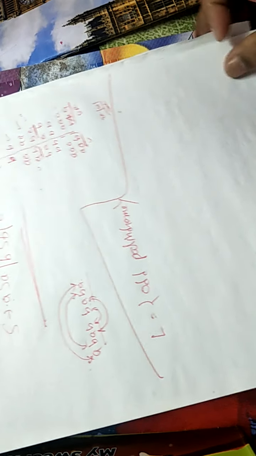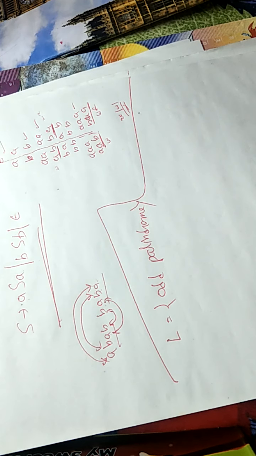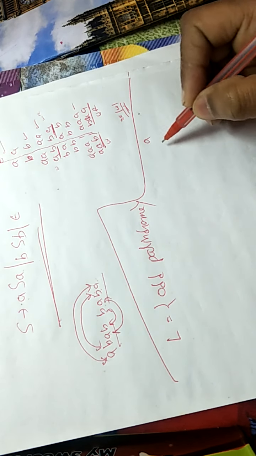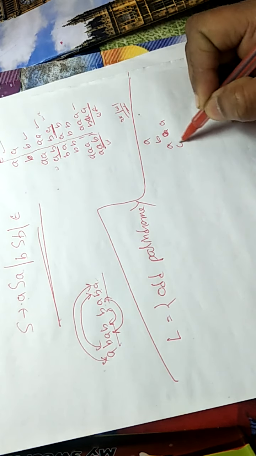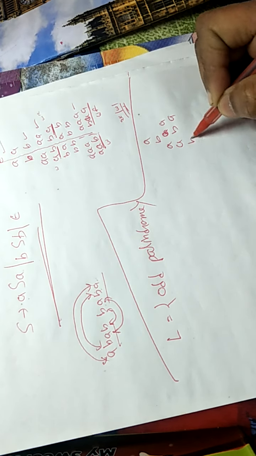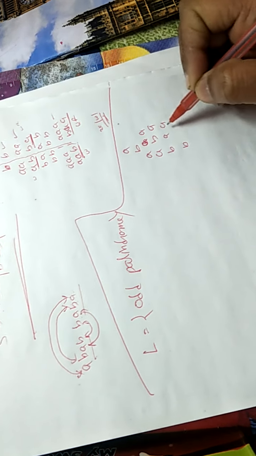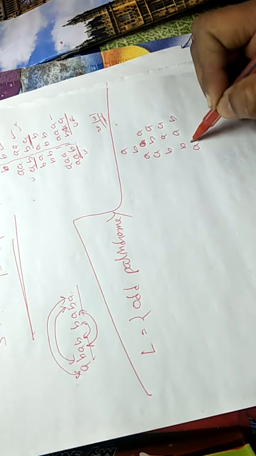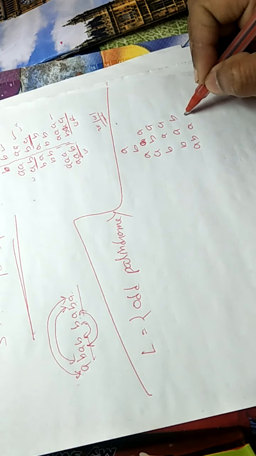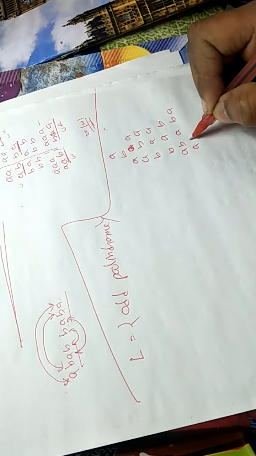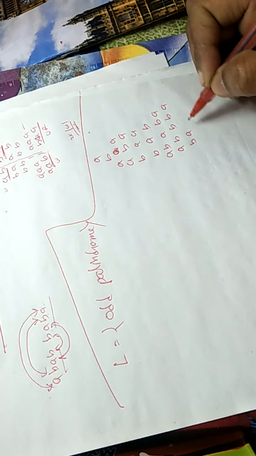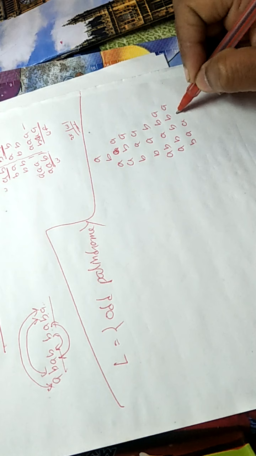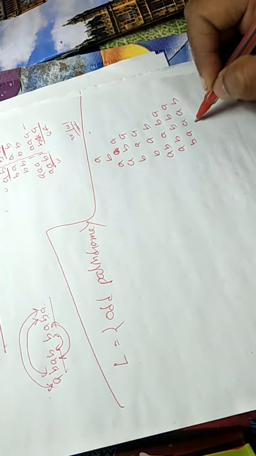So these strings are even length, and in odd palindrome we have odd length strings such as A, B, A, B, A, A, A, A, A, B, A, B, A, and so on.